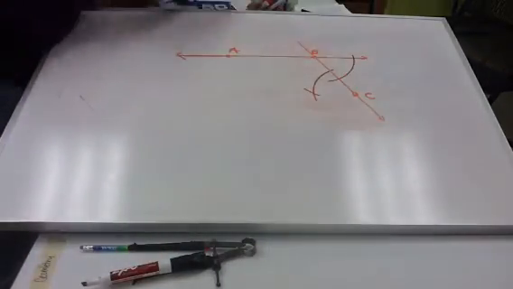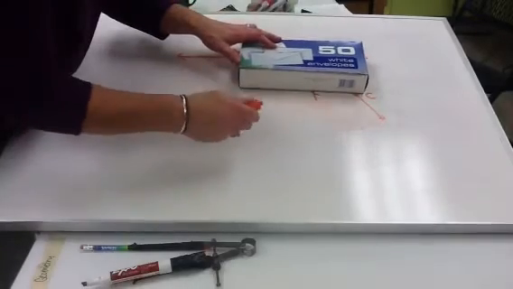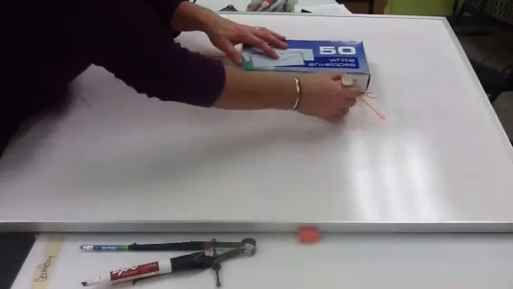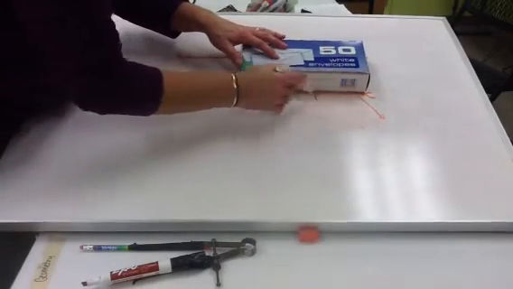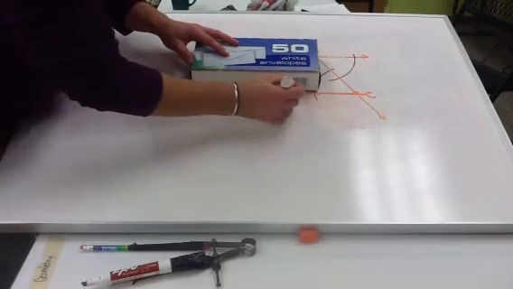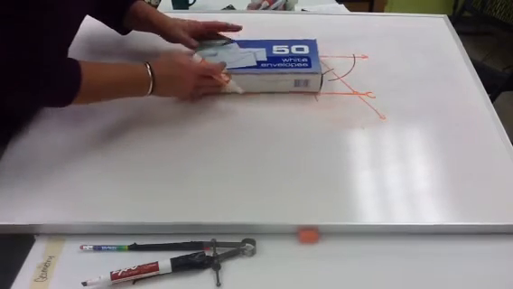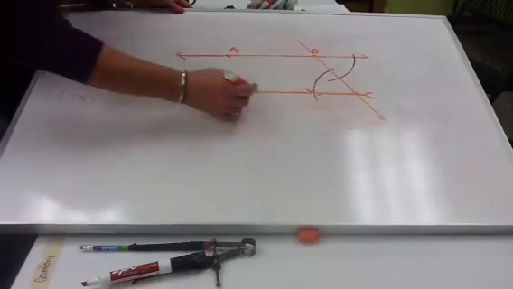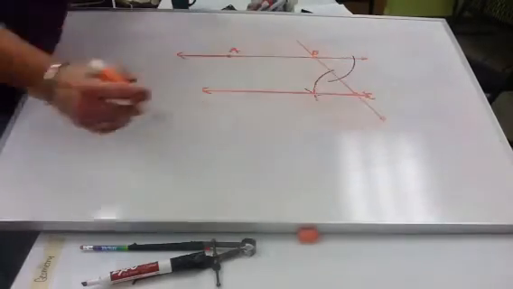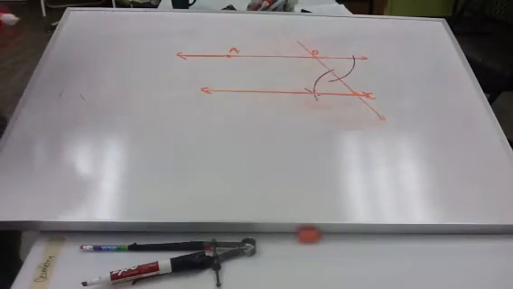And now you're going to draw your parallel line through where they intersect. Okay, so we have a line parallel to AB that is called BC.